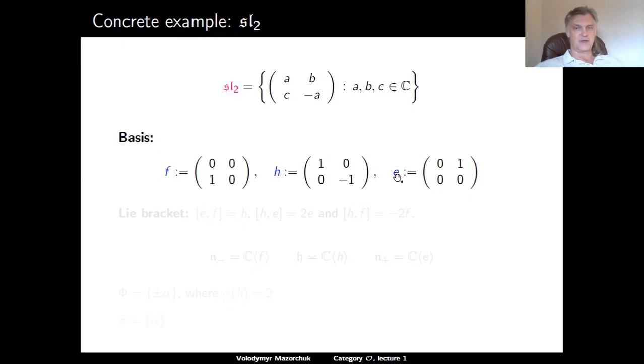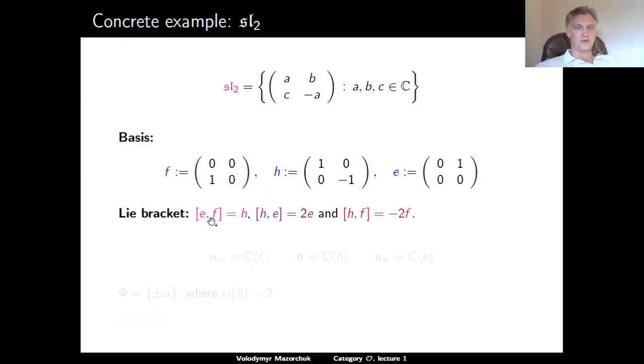And the upper triangular matrix E, which has 1 above the diagonal and the rest is 0. So this is a 3-dimensional Lie algebra, and since the Lie bracket is anti-commutative, the Lie bracket is explicitly given by 3 values, and these are easy to compute.